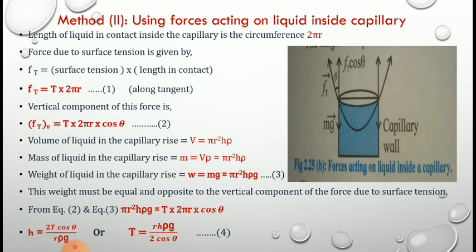Or we can say that T, which is surface tension, is equal to r h rho g divided by 2 cos theta, represented by equation 4. So from this equation also, we can say that height is inversely proportional to the radius of capillary tube. So this is the second method to obtain the equation for the surface tension by using capillary rise method.